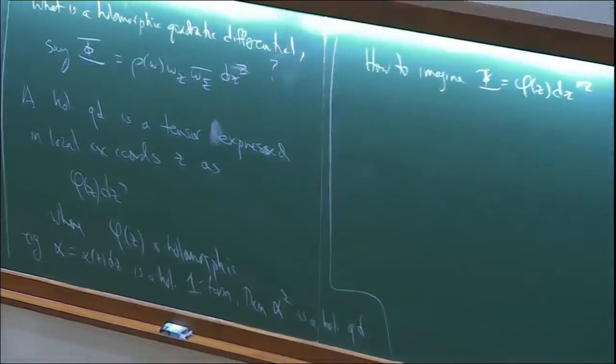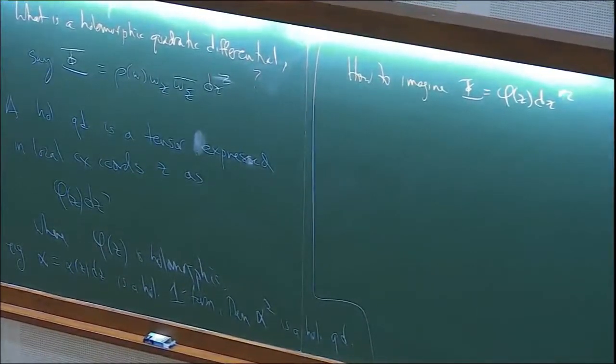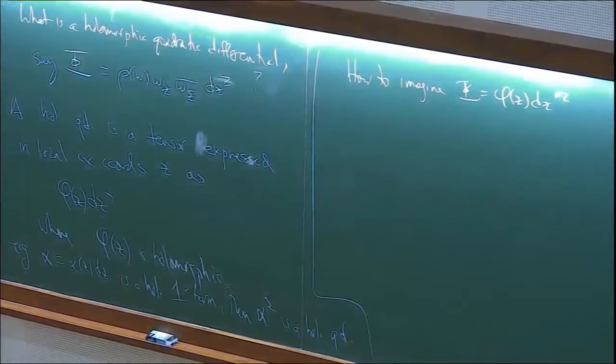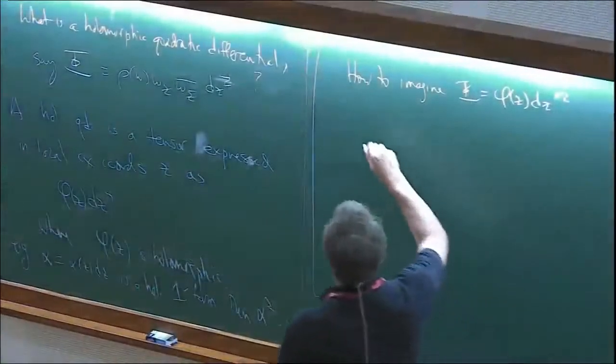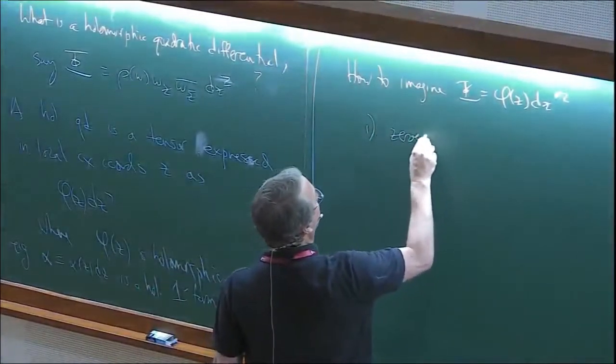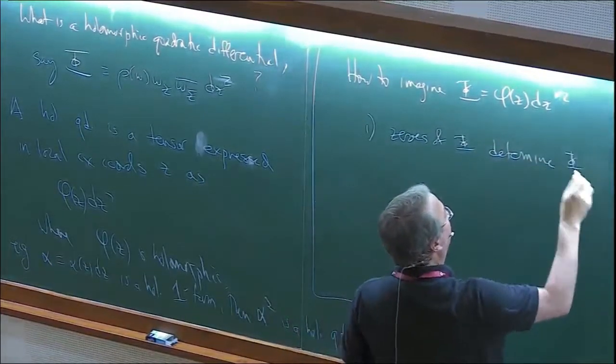If you have two holomorphic objects of the same tensor type that have the same zero set with the same degree, you divide one by the other, then you have a non-vanishing holomorphic object, and on a compact surface, non-vanishing holomorphic functions are constants. So if you know the zeros, you know the holomorphic quadratic differential up to some complex multiple. Make sense? So part one is that the zeros of phi determine phi up to a constant.